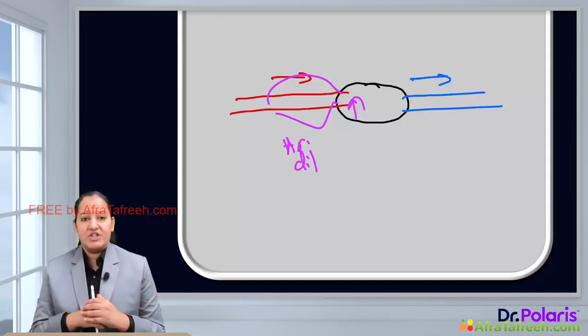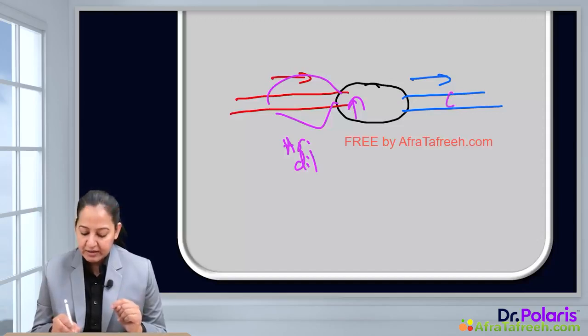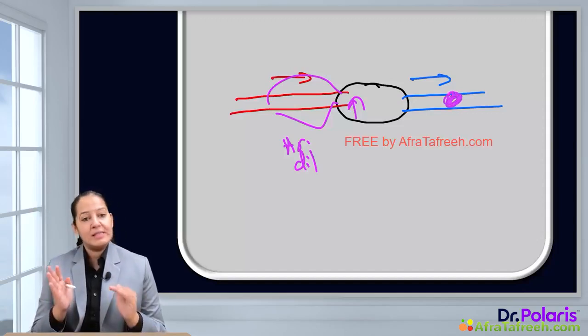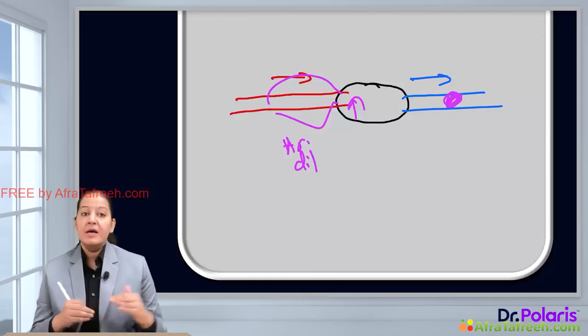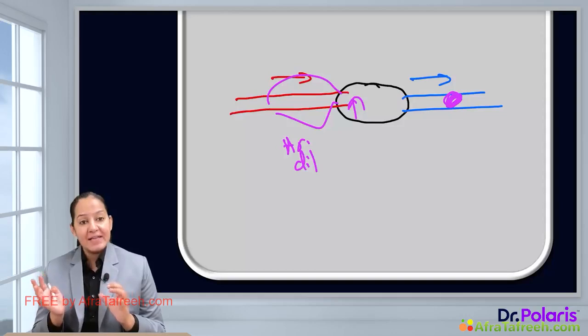Let's see the other condition. You can see what happens if the vein is obstructed. If the vein is obstructed, the venous drainage is compromised. What will happen? The arterial supply is normal, but the venous drainage of the organ is compromised. It is obstructed. So the impure blood, that is the deoxygenated blood, will accumulate inside the organ.